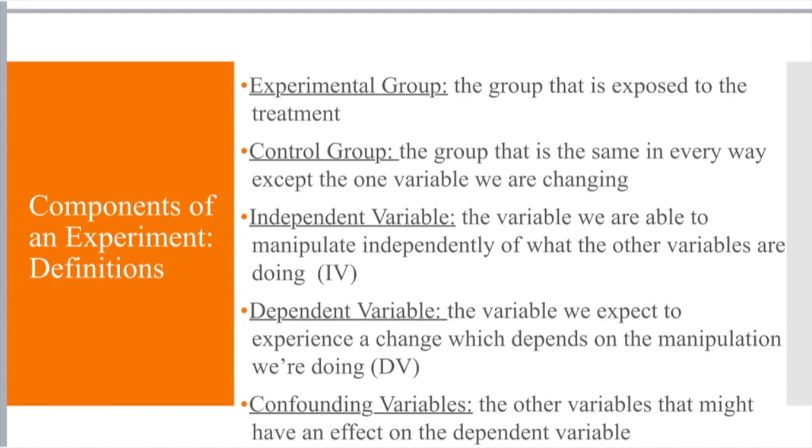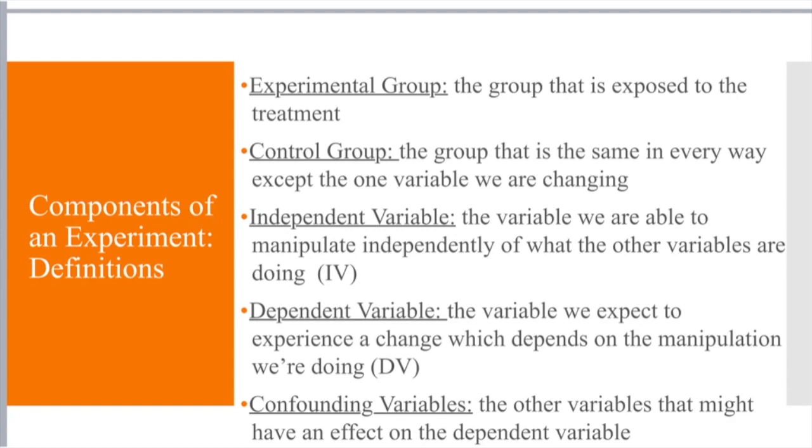So if we're talking about the example of sugar causing ADHD, we know our experimental group is kids who are eating sugar. Our control group is kids who are not. And in order to alleviate confirmation bias, where we try to prove our hypothesis is right, we should really be looking also at kids who don't have ADHD.